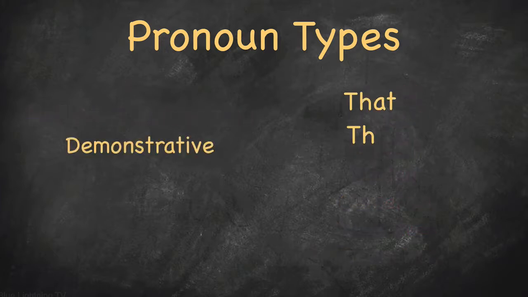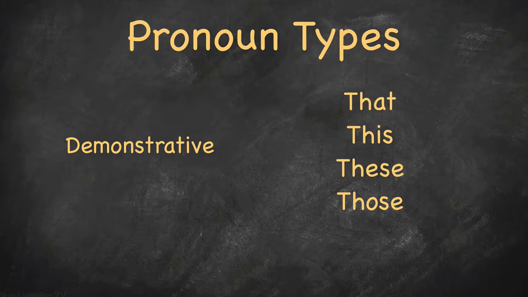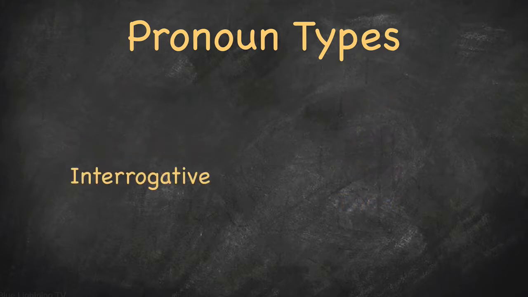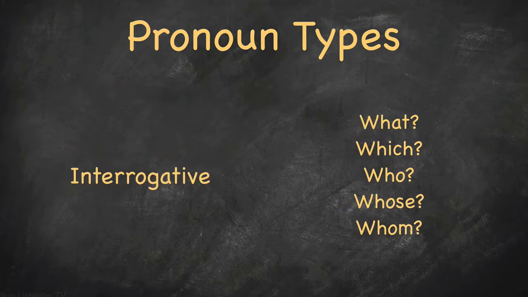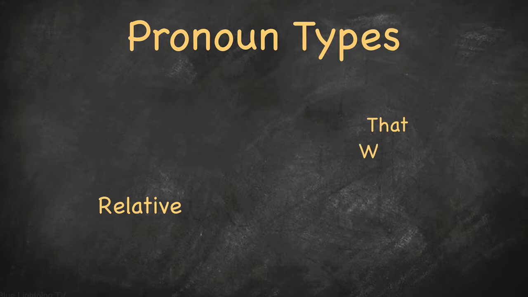Demonstrative pronouns, that, this, these, and those, are all used to point out something such as that is mine, when it's obvious what that is. The interrogative pronouns, what, which, who, whose, whom, are all used in questions. The relative pronouns, that, which, who, whose, whom, are used to begin adjective clauses.